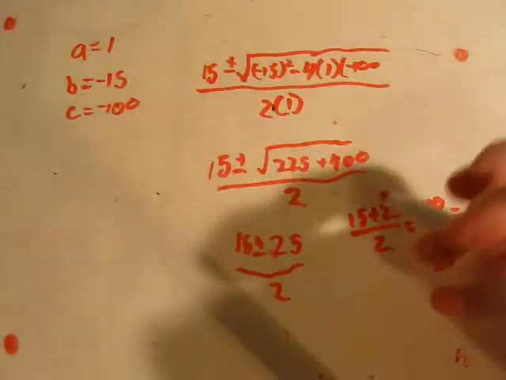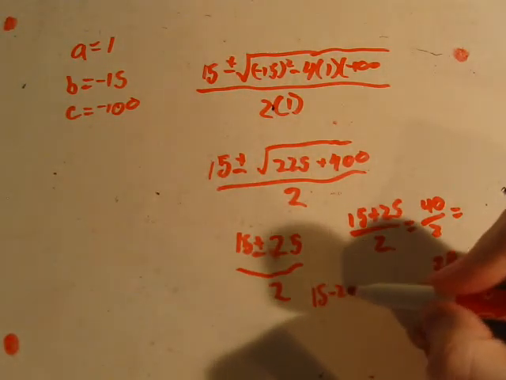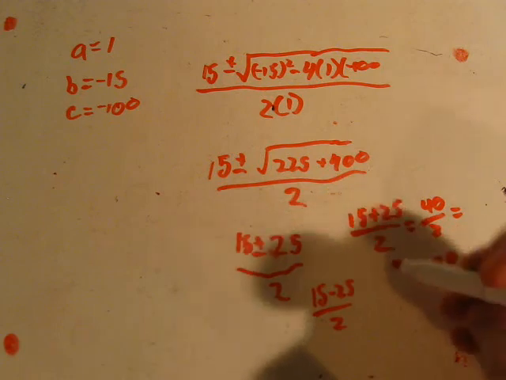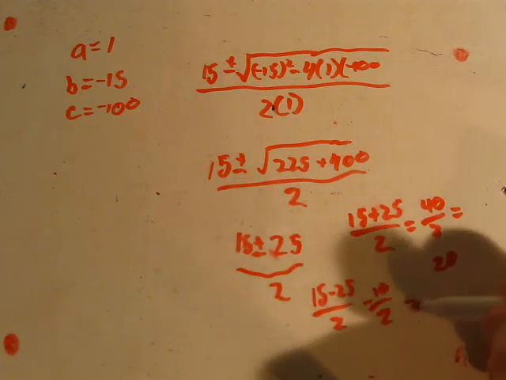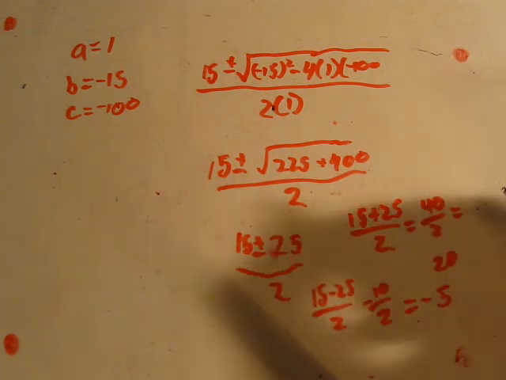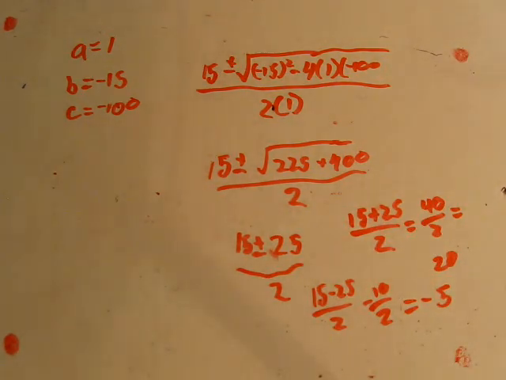And then we've got 15 minus 25 over 2, negative 10 over 2, is negative 5. And so those are the x-intercepts for that particular equation.